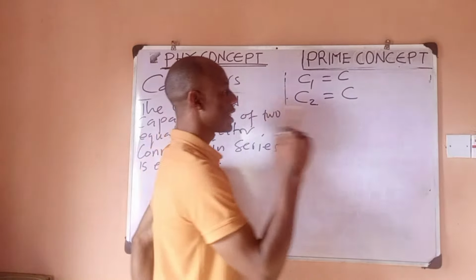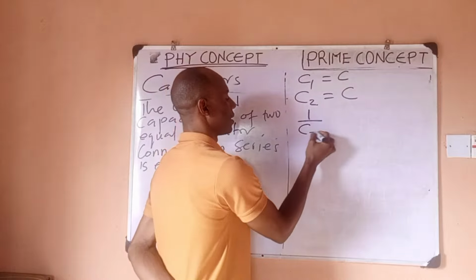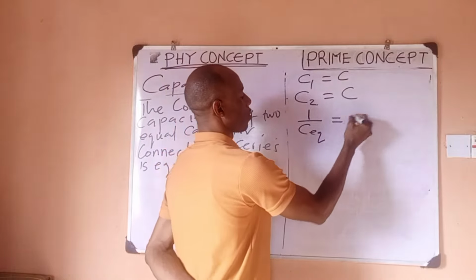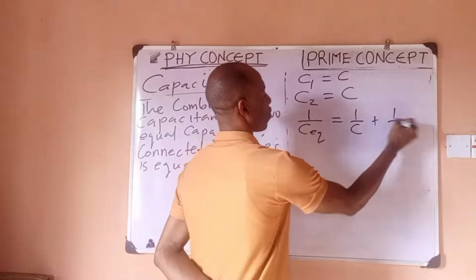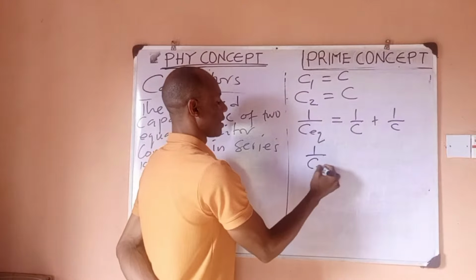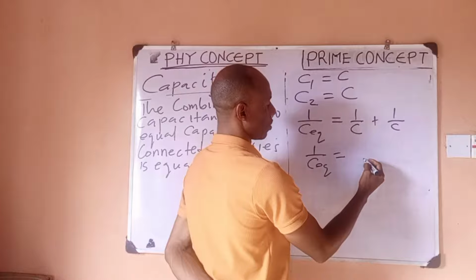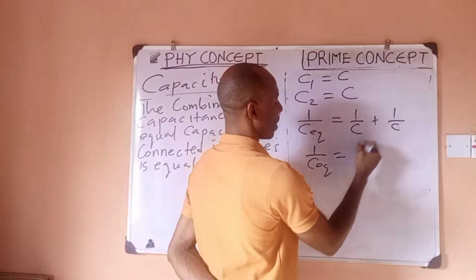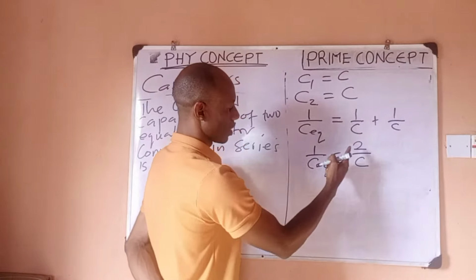Now, when you connect capacitors in series, to get the equivalent, you say 1 over C equivalent is equal to 1 over C1, and C1 is C, plus 1 over C2, and C2 is C. So I have 1 over C equivalent equals this, which is going to be 1 plus 1, which is 2 over C, because the LCM is C.